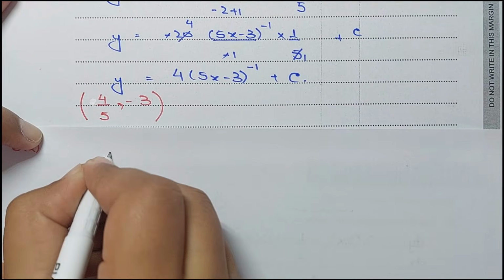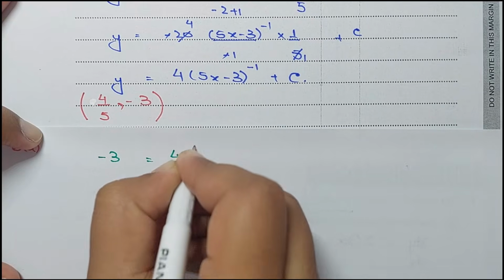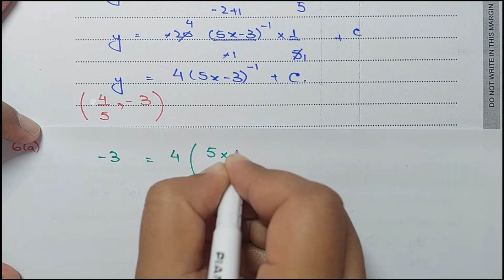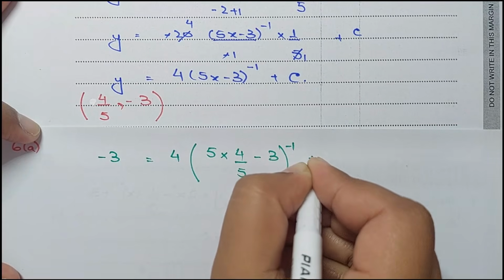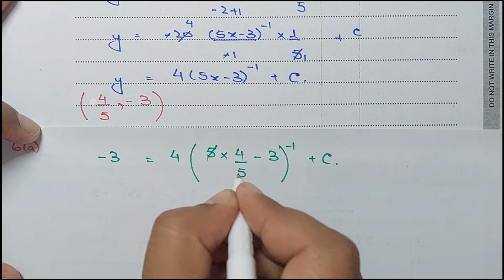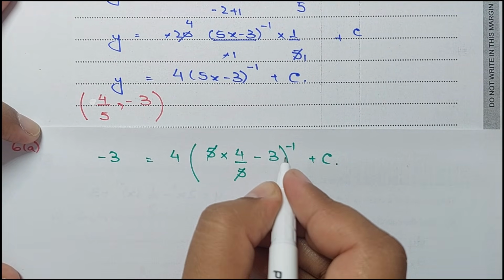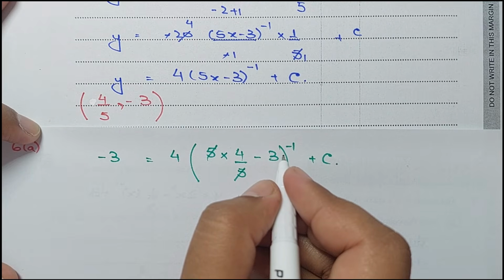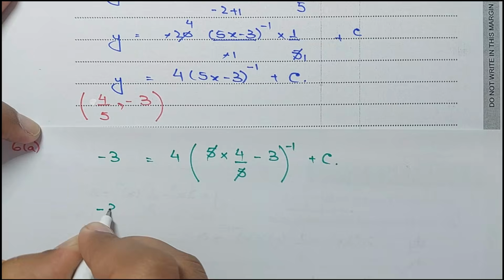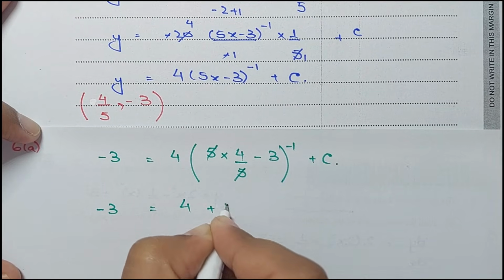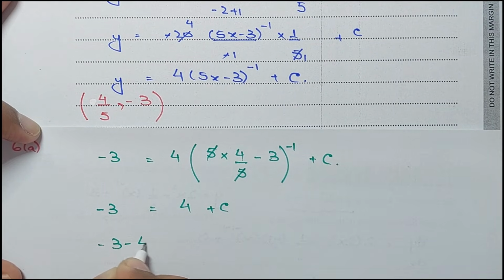So y value negative 3 equals 4 into 5 times the x value 4 over 5, minus 3, to the power negative 1, plus c. 5 cancels with 5. 4 minus 3 is 1, and 1 to the power anything is 1. So this is just 4. So minus 3 equals 4 plus c. So minus 3 minus 4, this is your c value, that is negative 7.